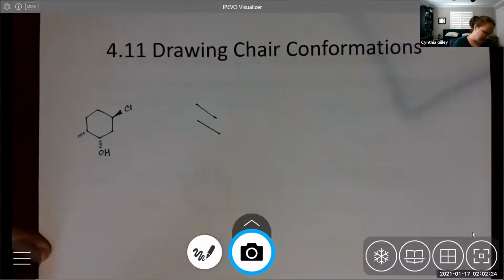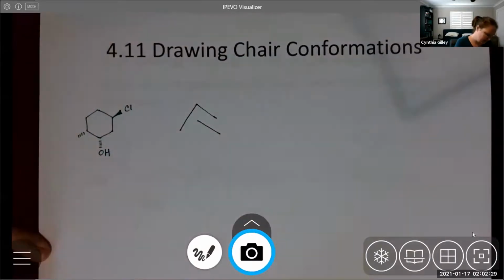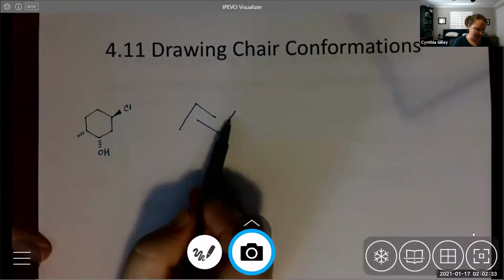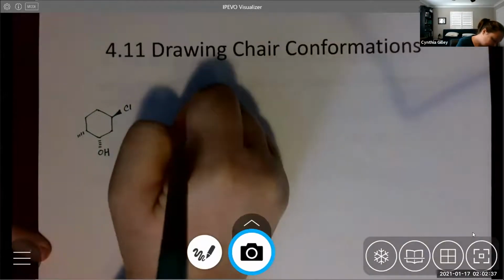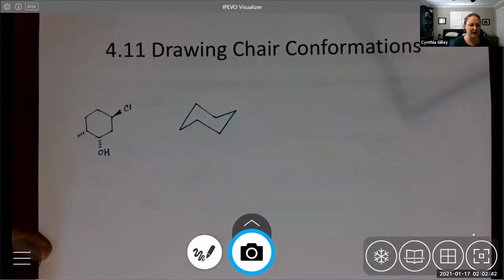So I've got these two parallel lines, and then 90 degrees from those two, I'll draw two more lines. And then we're going to connect those two with another set of parallel lines. That is one of the chair conformations.